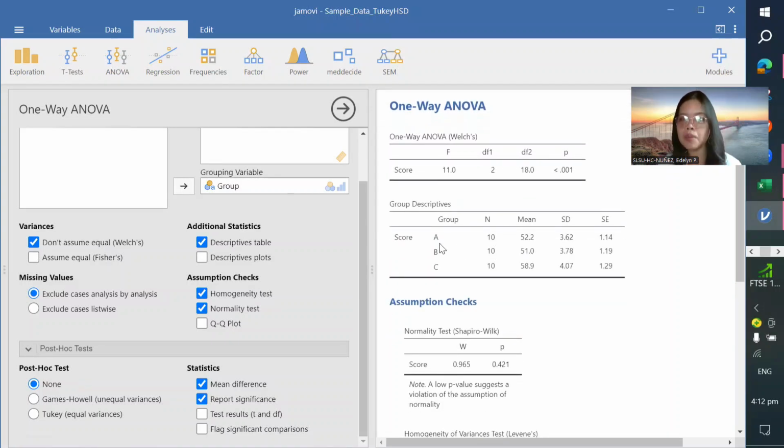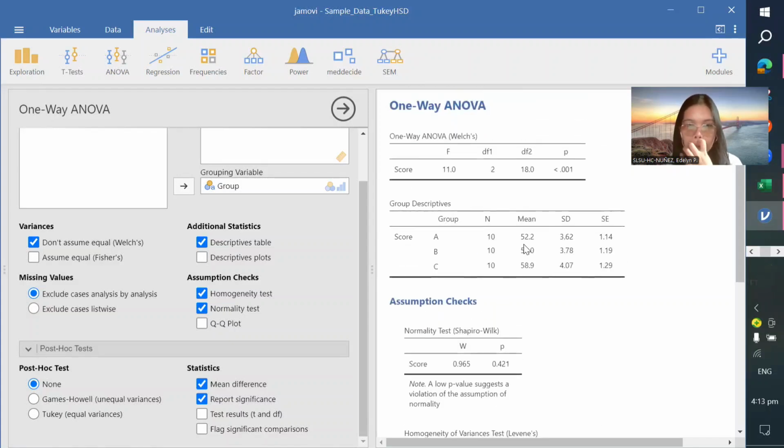So we have here group A, group B, group C. We have N, the sample for each group is 10. And we have the means, 52.2, 51, 58.9, and the standard deviation. Look at here, this might be bigger, but look at the standard deviation, it's also big. So there might be two of them that are just the same, with no significant difference, or maybe this one really has a very significant difference from the others.